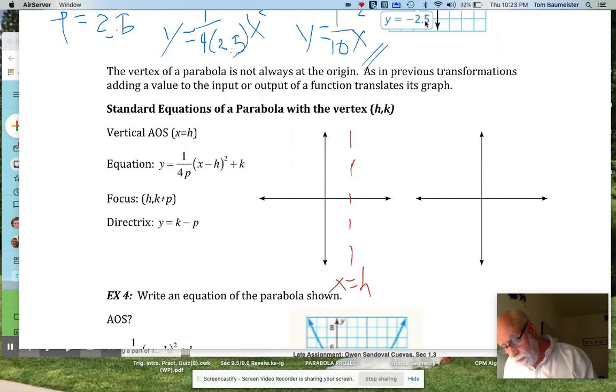So we know that our vertex, again, is not at the origin, but our vertex is going to be at h and k.